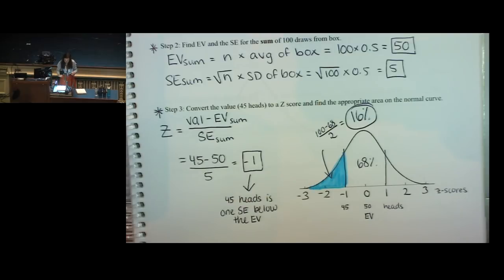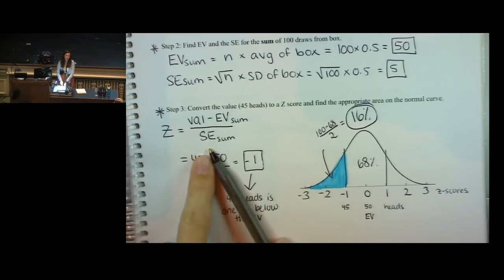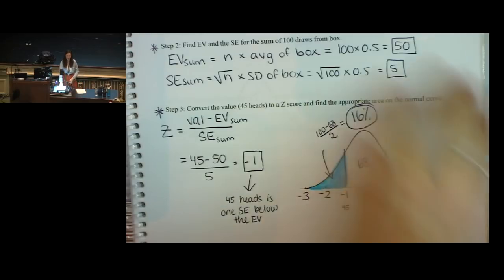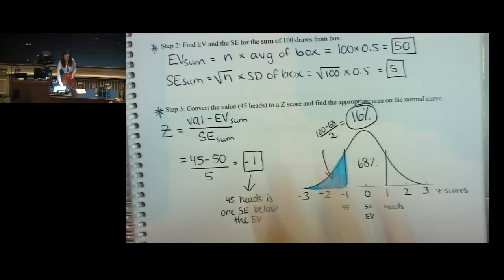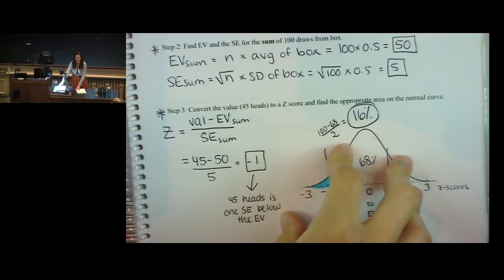So, like I said, it's pretty much the same thing as before, except now we're dealing with random variables. I have expected value and standard error instead of average and SD, but it's interpreted basically the same way, just replacing those two statistics. All right, any questions on this?